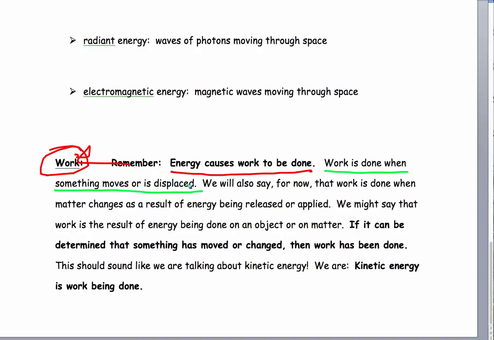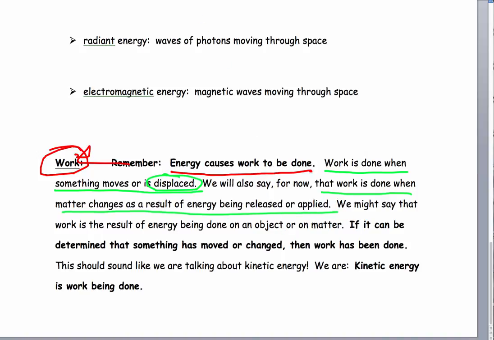And displaced simply means something's moved from its place. We will also say for now that work is done when matter changes as a result of energy being released or applied. So like if you have matter changing states, or water gets warm, or water gets colder, we would say that work is being done. So we might also say that work is a result of energy being done on an object or matter.